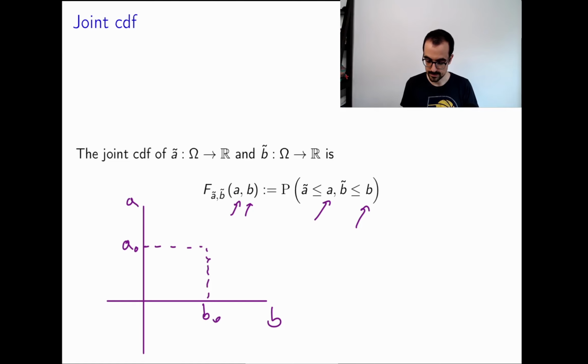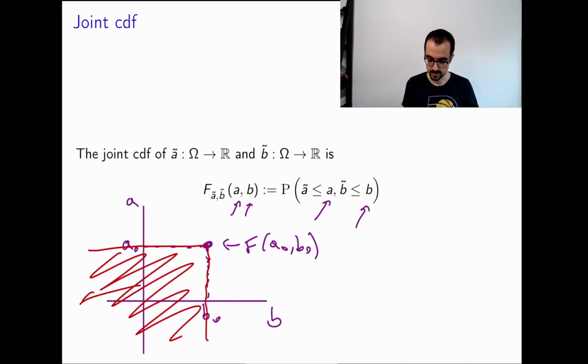The value of the CDF at this point, F of A0, B0, is the probability that the 2D random vector ends up here, where this goes to minus infinity. This is the direct generalization of the 1D cumulative distribution function, where it was the probability that you were to the left, smaller than something. Okay? Exactly the same thing.